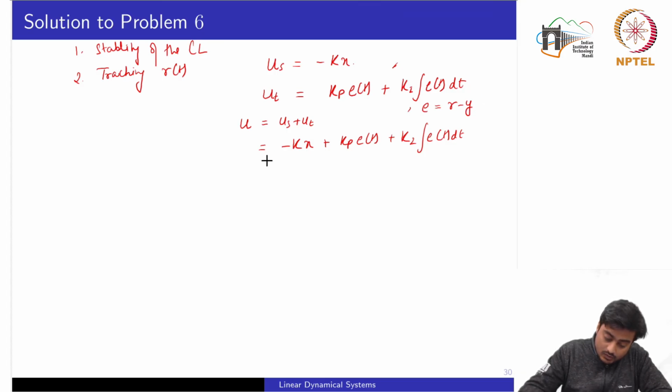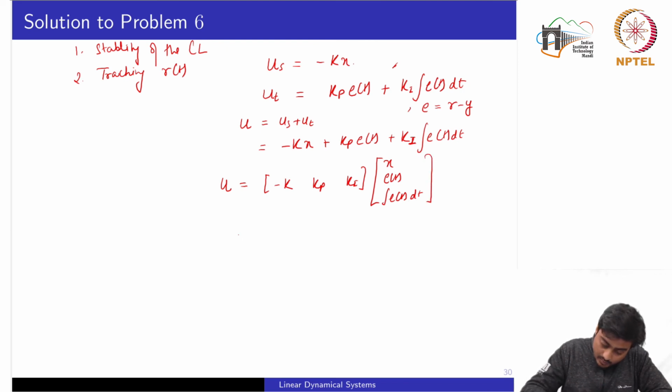Now here we will show that we can achieve both the objectives by using the method we have introduced during the lecture slide. So I will parameterize all this system as a designing of the state feedback gain. So this is ki. So let's see, I can express my u also as minus [k, kp, ki], where this vector would be x, e(t), and the integral of e(t) dt, which again can be expressed as some k tilde and x tilde.